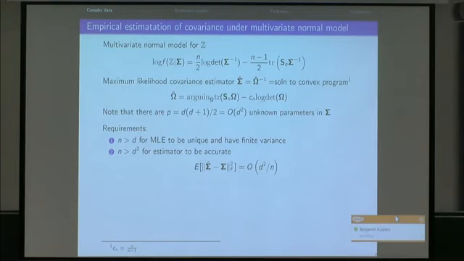There's no unique solution. For the estimator to be accurate, there are well-known high-dimensional results on statistical accuracy of maximum likelihood estimates, and this is one of them: the mean Frobenius norm of the estimation error from the maximum likelihood estimate that comes from inverting the sample covariance is going to decay as basically d squared over n.